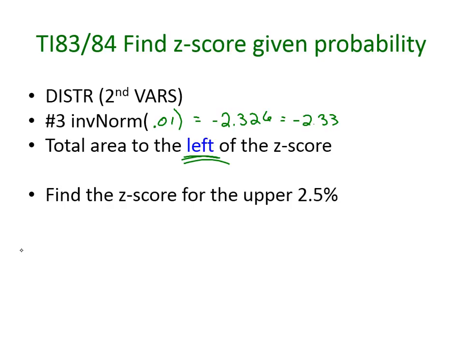All right, I want you guys to find the z-score that separates the upper 2.5%. You better be getting a positive z-score. If you're not getting a positive z-score, you put something in your calculator wrong.